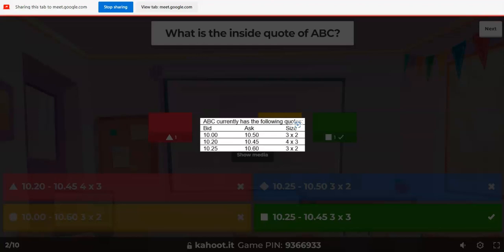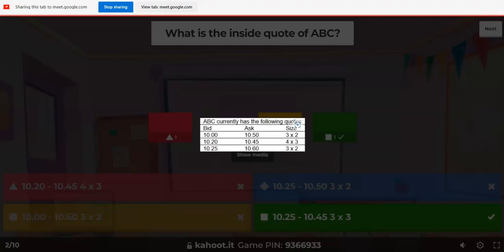If you want to sell to that dealer, they'll buy 300 shares. But I don't want to buy from them at $10.60. I want to buy from dealer number 2, who's willing to sell at $10.45, and the size of 3 on the ask means they're willing to sell 300 shares at $10.45. So I take these two best prices, the highest bid and the lowest ask, to make the inside quote.